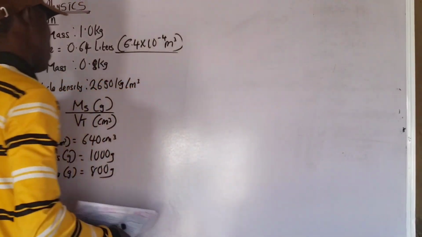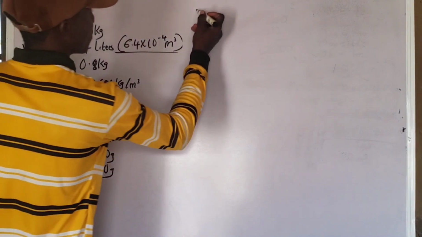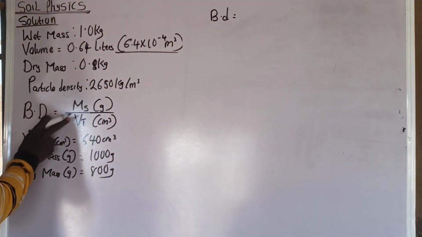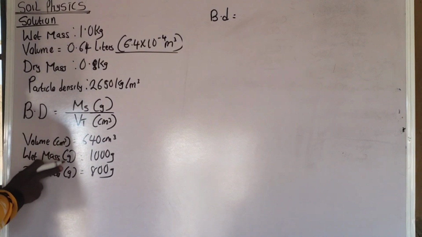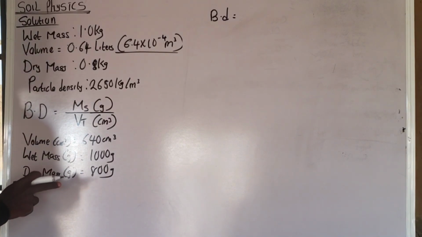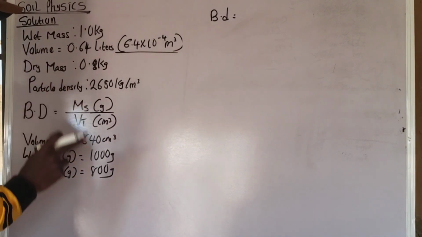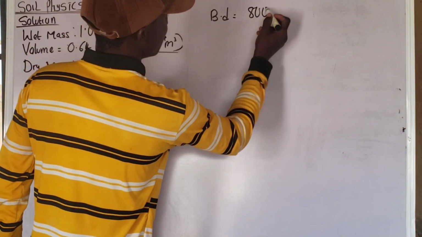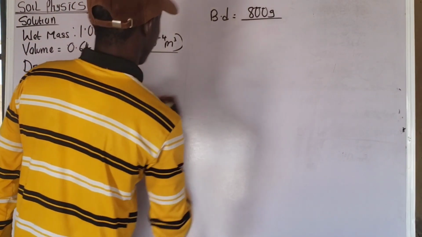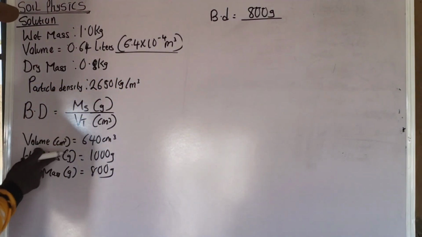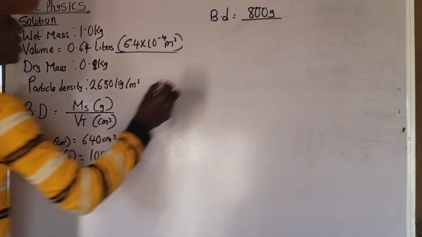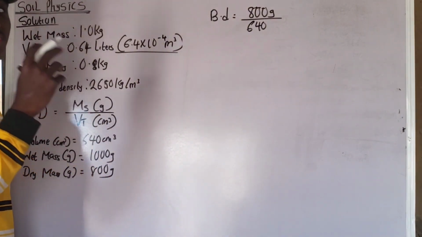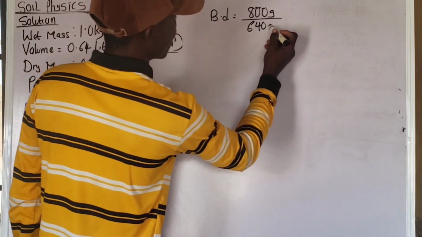Now, the bulk density will be equal to the mass of the soil in gram. The mass of the soil in gram is the dry mass, which is 800 gram, all over the total volume, which is 640 centimeter cube.